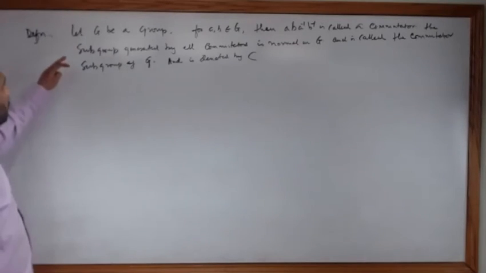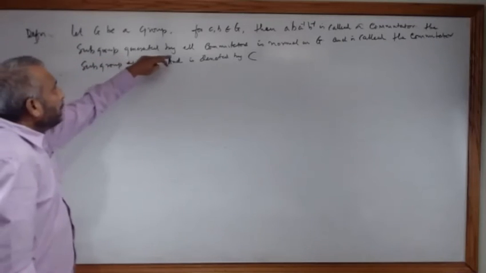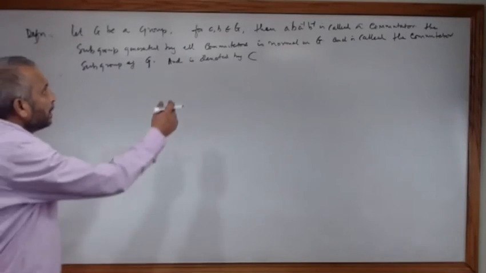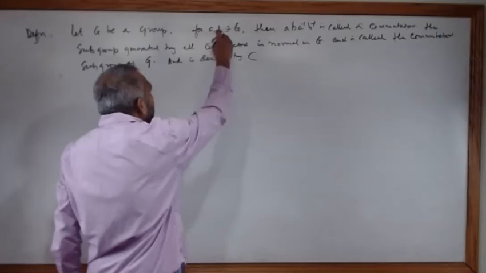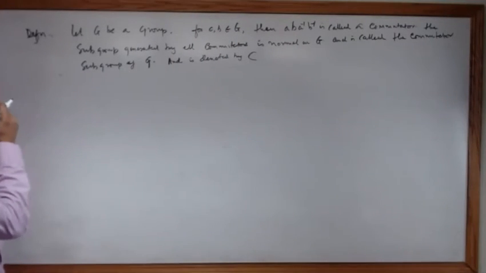We don't need to show that it is a subgroup because we already defined the collection as a subgroup generated by all commutators. Any set of elements from here can generate a subgroup of G. We have already seen that.